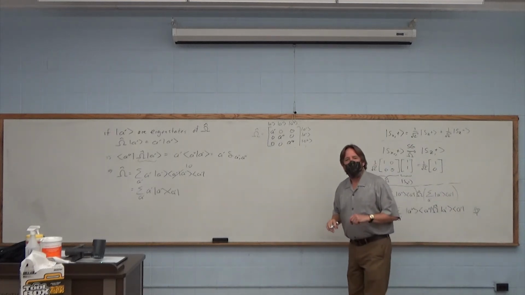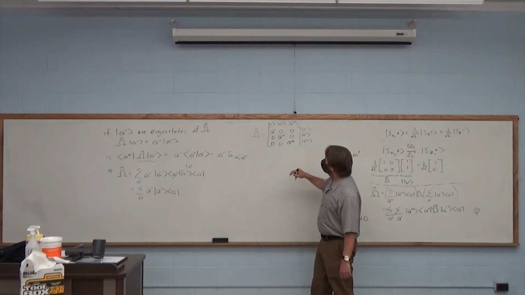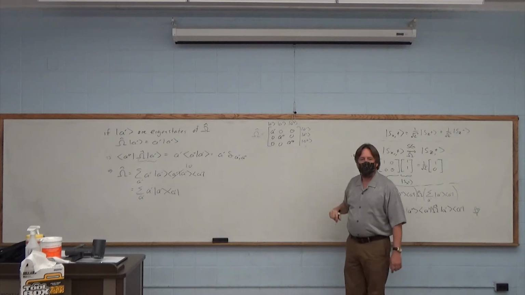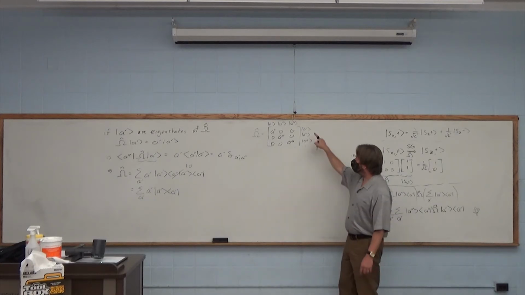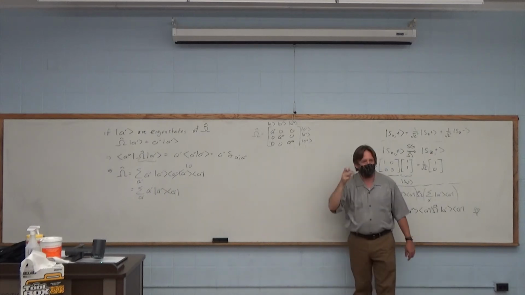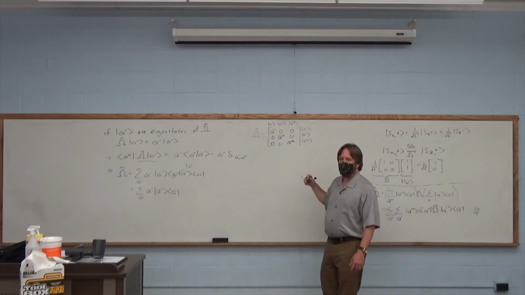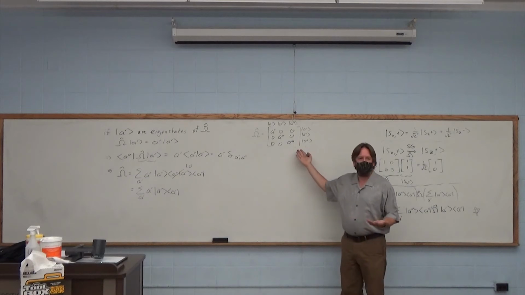Hey, MATLAB, what are the eigenvectors? 1, 0, 0, that means this. 0, 1, 0, that means this. 0, 0, 1, that's that. Now that's for a diagonal. So if you're doing that with a diagonal matrix, you're wasting your time because you already know. You couldn't have written the thing without knowing that already.